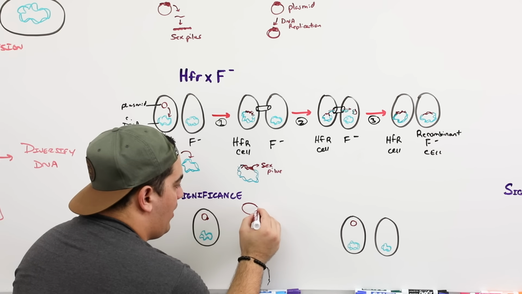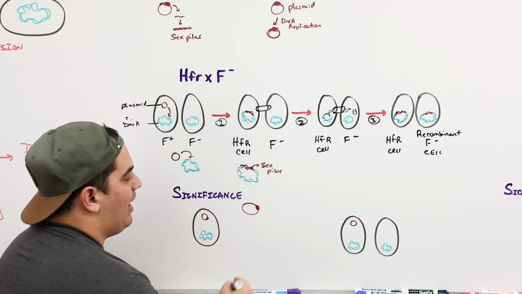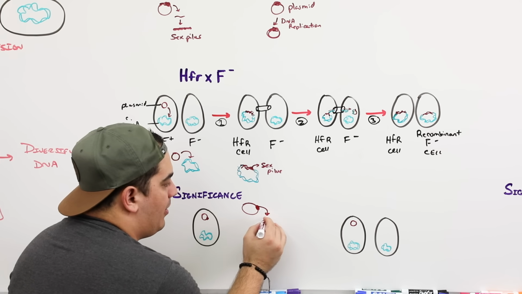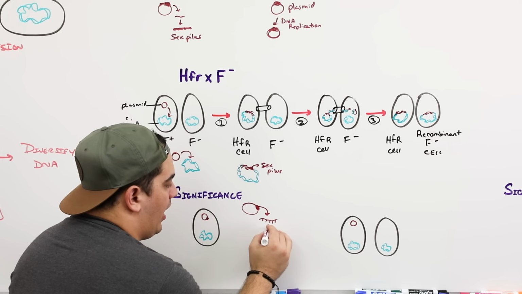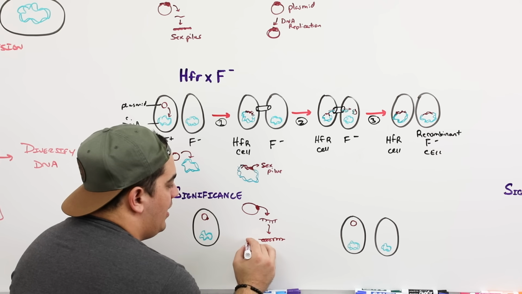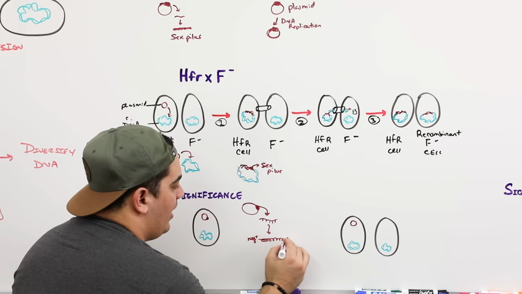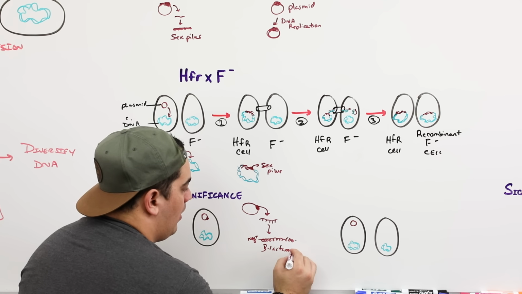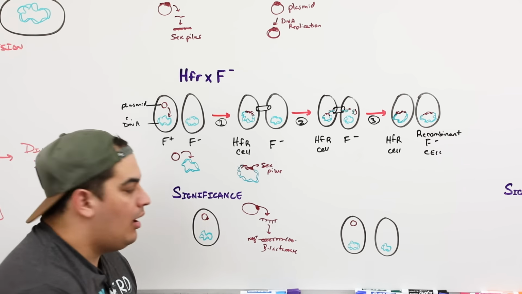So say that I zoom in on that plasmid, and let's say that it has a very particular gene. When this gene is transcribed, it makes an RNA, and then it gets translated and makes a protein. This protein is called a beta-lactamase. You know what beta-lactamase does?